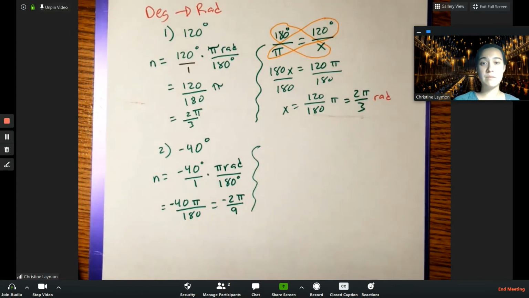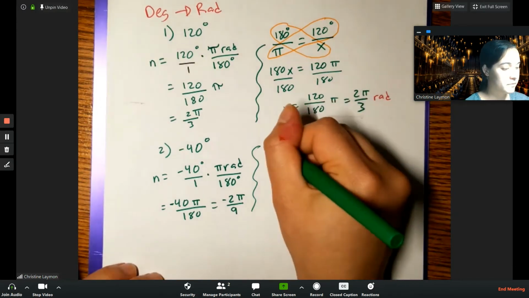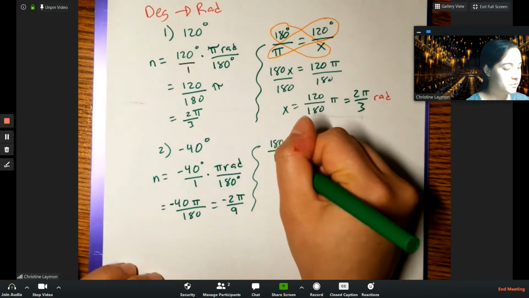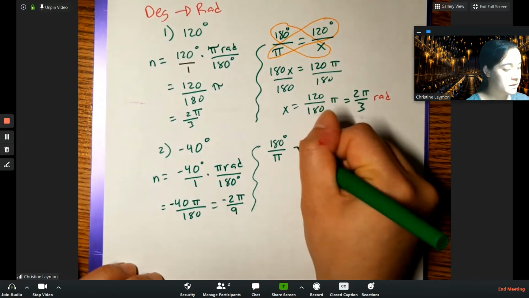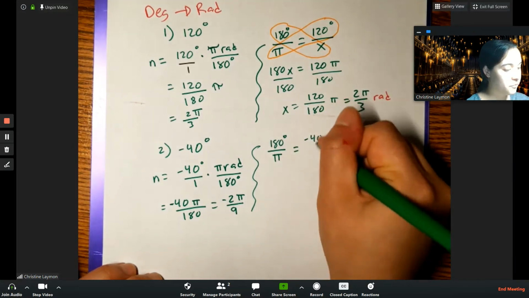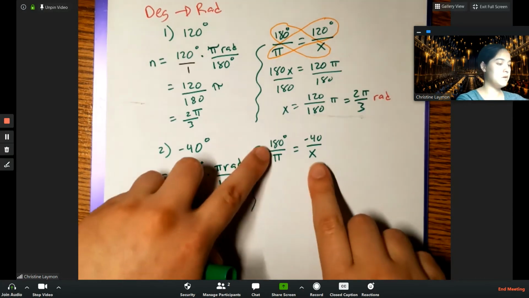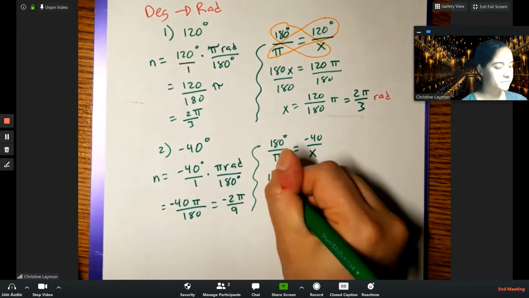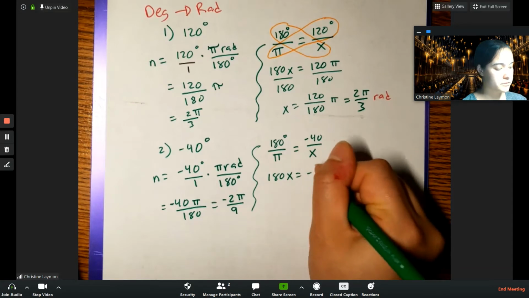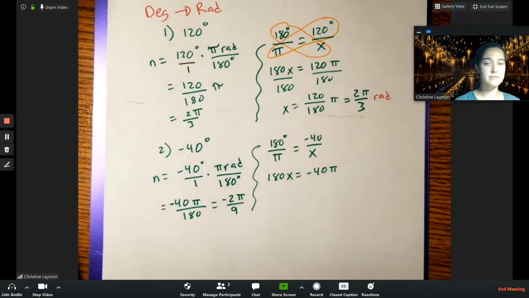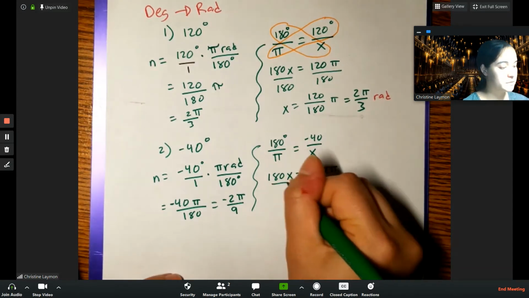Let's do the same thing using my other method. I have 180 over pi equals negative 40 over x. Cross multiply. 180x equals negative 40 pi. Divide both sides by 180.